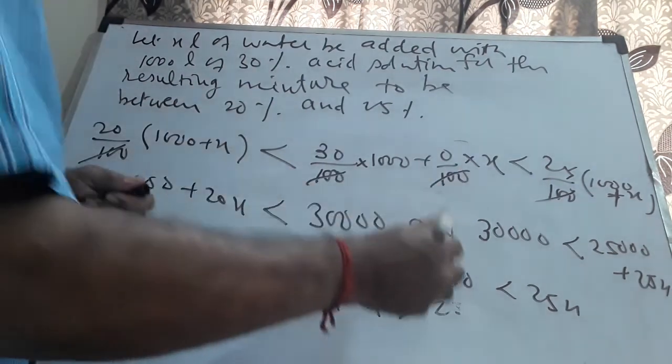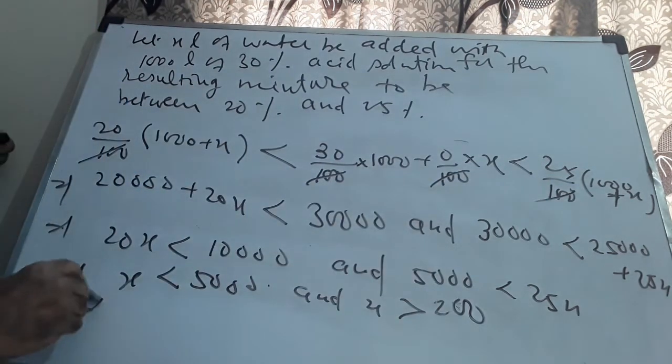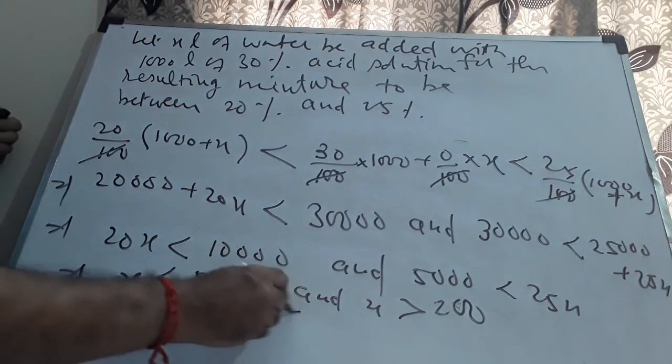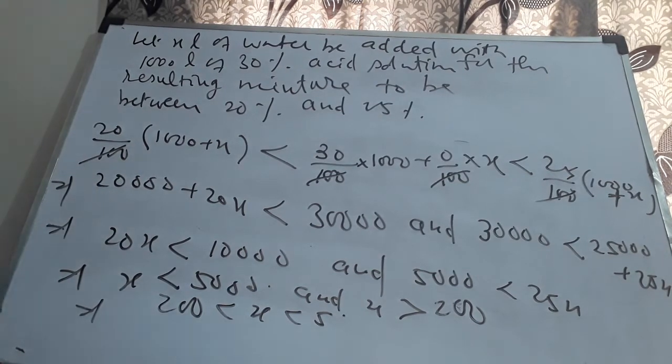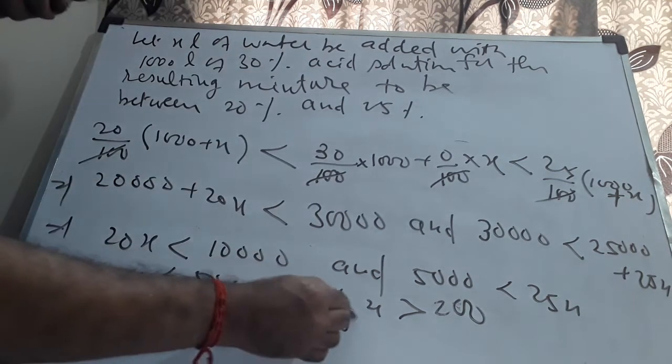Combining these two, I end up with 200 less than x less than 500 here. Sorry, I made a mistake again. 500 here, not 5,000. One zero gets cancelled. Therefore, how do you give the conclusion?